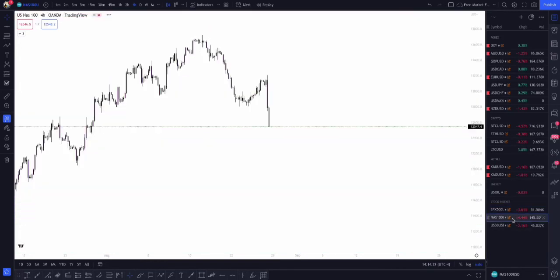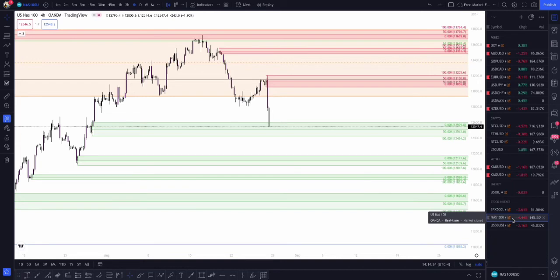NAS 100. All right, we do have more long positions reported. We are sitting inside of what was an unmitigated 4-hour demand on Friday. So I'll be looking for trade entry confirmations to take this to the upside to any of these unmitigated 4-hour demands before it continues down.